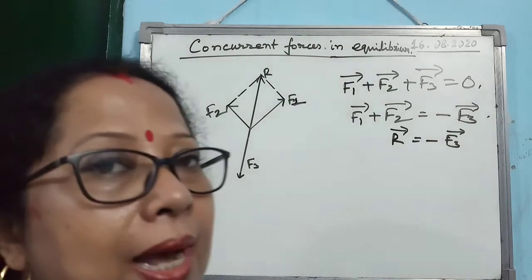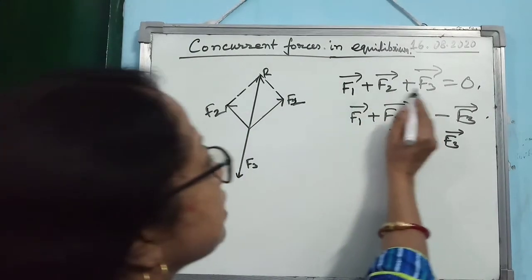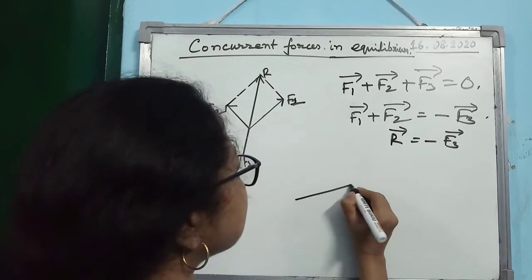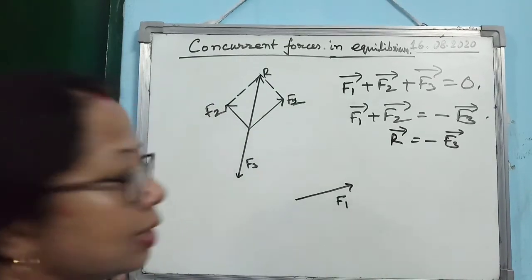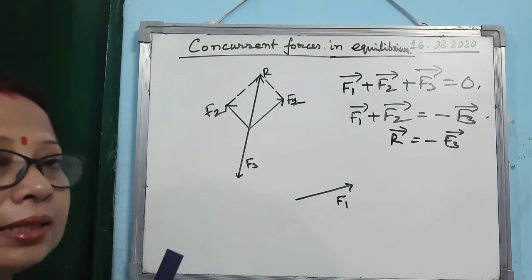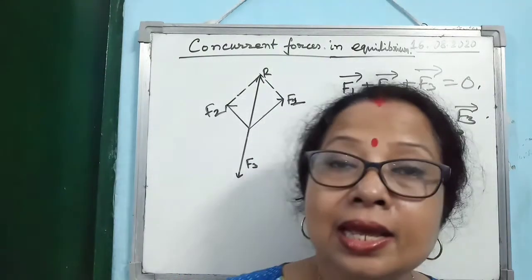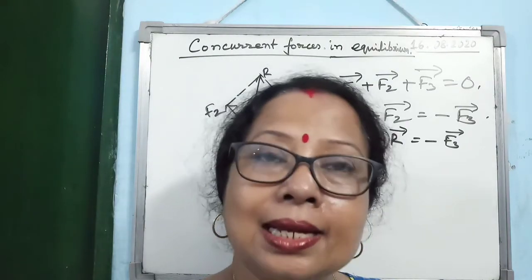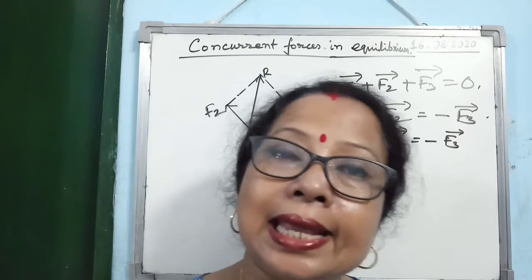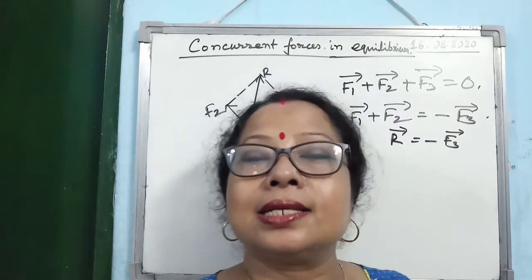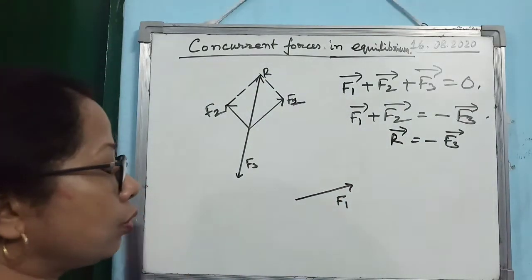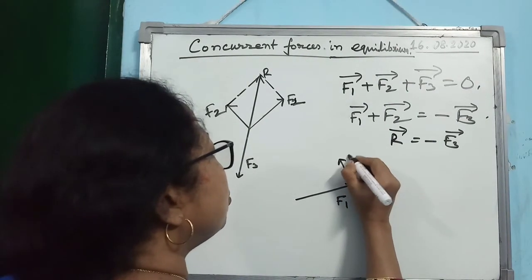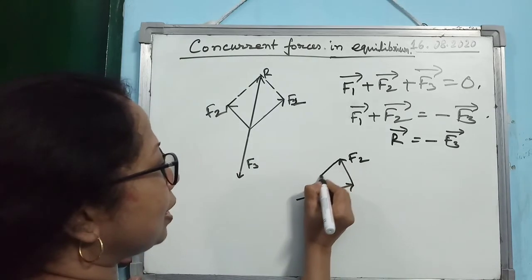Another way, if you apply the triangle law, F1 plus F2 plus F3 equal to 0, it means that when the three sides of a triangle represent the three forces taken in magnitude and direction in the same order, then the resultant of all the forces will be 0. If you consider this is F1 and this is F2, then you see what F3 will be.